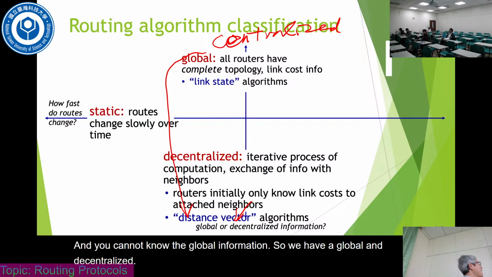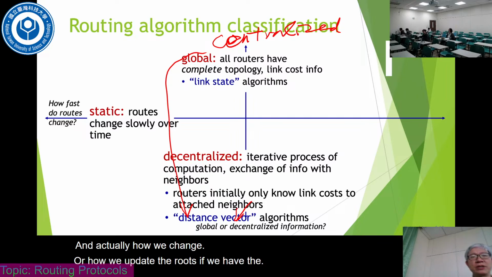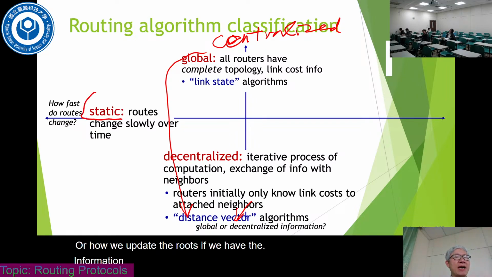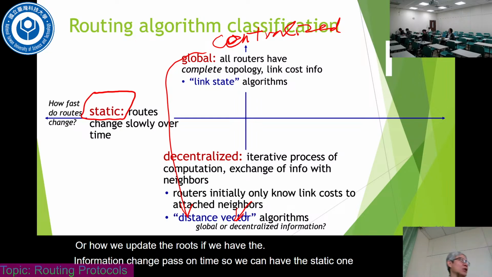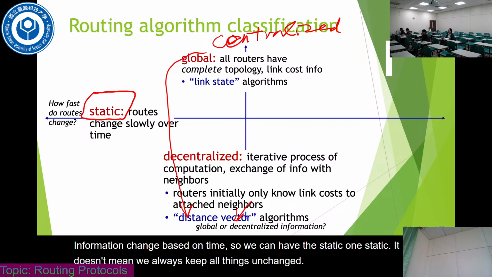And how do we update the routes if the information changes? Based on time, we can have the static one. Static doesn't mean we always keep everything unchanged, but sometimes we change slowly.